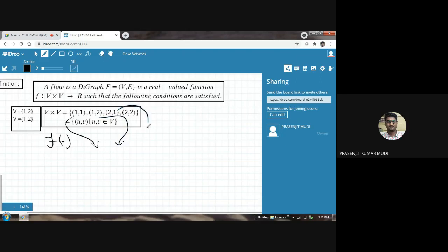Then this edge, another value. And then this edge, another value. So each of the edges is now converted into a single real value by applying this function f. Let's say this is 2, this is 1, this is 3, this is 2.